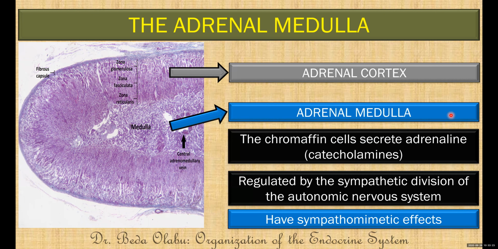The overall effect of adrenaline will be similar to the effects of the sympathetic nervous system. What I mean here is that adrenaline mimics the effects of sympathetic nervous stimulation.